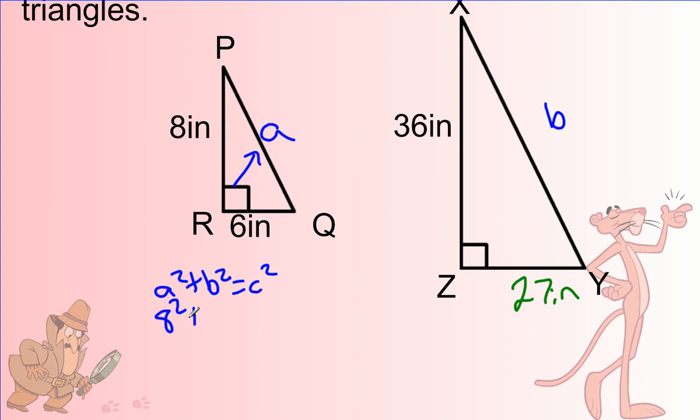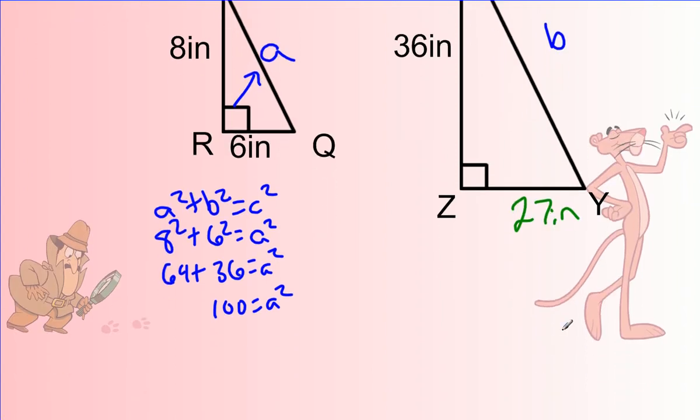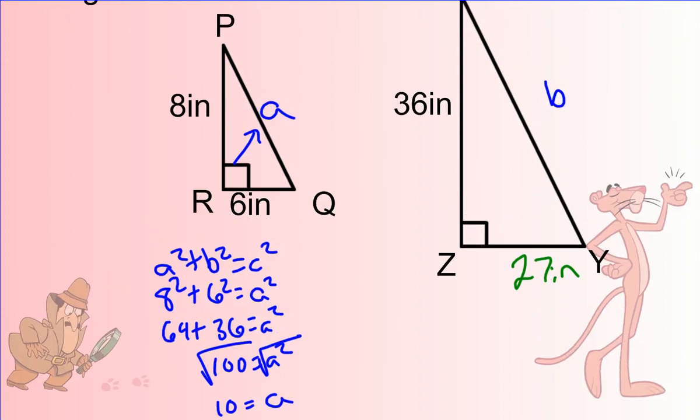So 8 squared plus 6 squared equals, I'll call it A squared, because that's the variable I have here. 64 plus 36 equals A squared. 100 equals A squared. And that means that A, if I square root each side, equals 10. All right, two down. I know that this side is 10 inches.